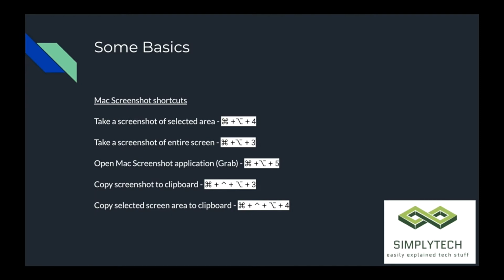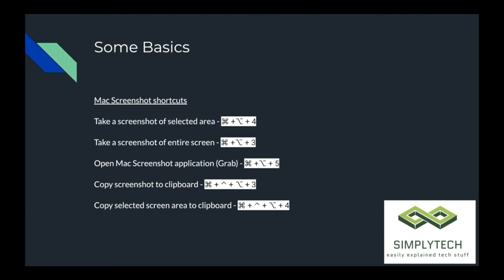Before starting, let's see some basics. Most of you who are using Mac should be aware that there are a couple of shortcuts available to take screenshots on a Mac device. To take a screenshot of any selected area, you can use Command Shift and 4, whereas to take the entire screen, you can use Command Shift and 3.